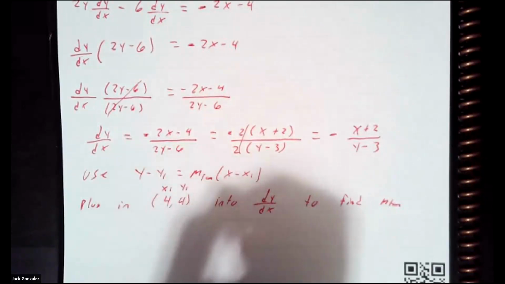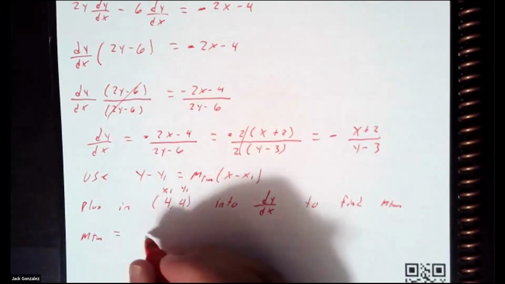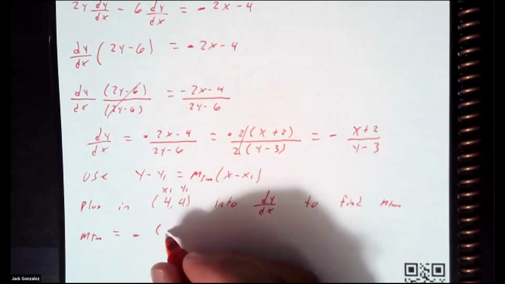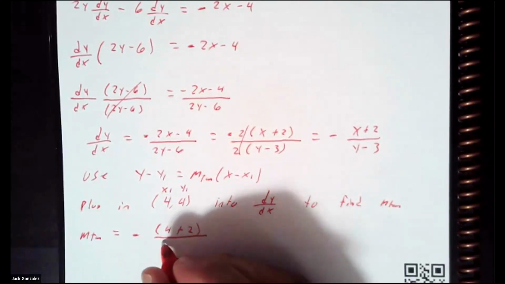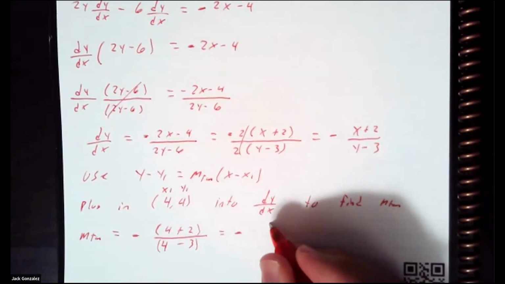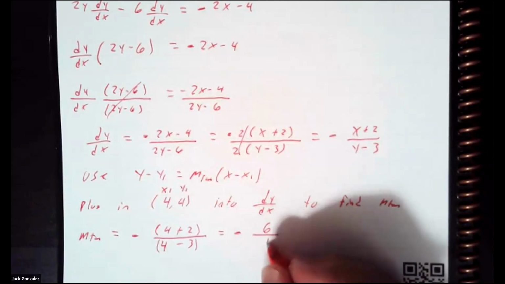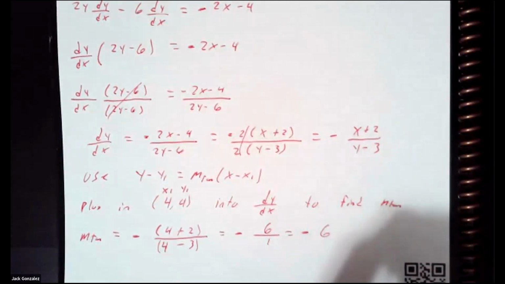So m tangent would equal negative (4 plus 2) over (4 minus 3), which is negative 6/1. There's m tangent.